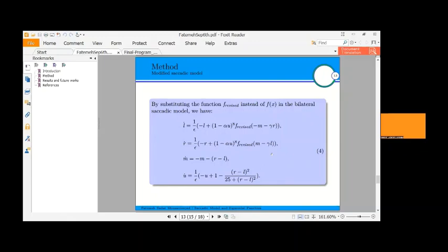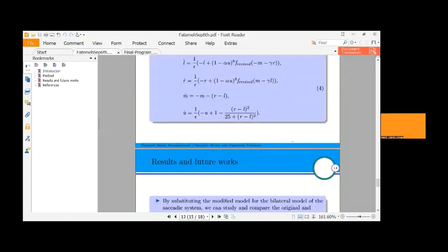The origin is an equilibrium point for the main model and the modified model, although the main model is not differentiable at the equilibrium point, but the modified model is differentiable at this point. The graphs both have the same general appearance.